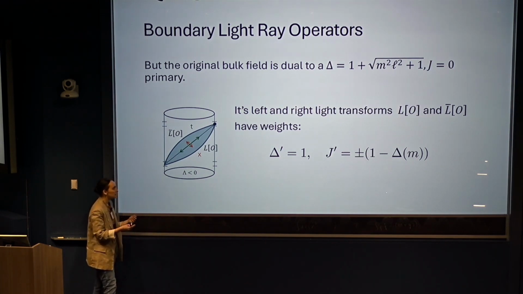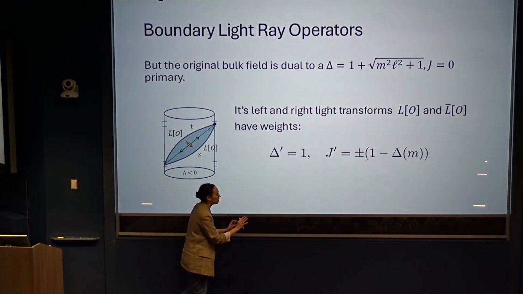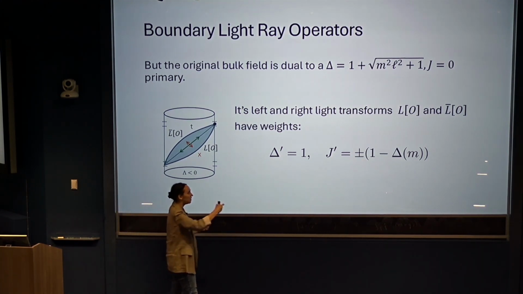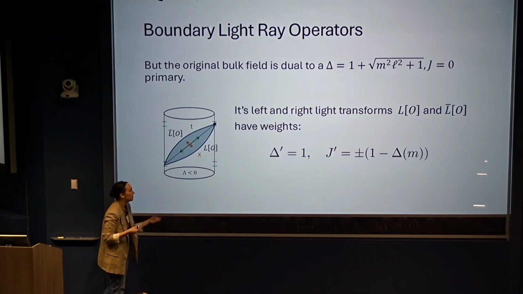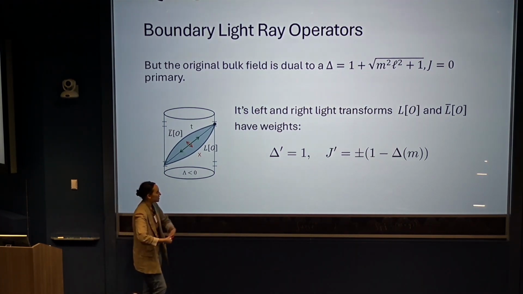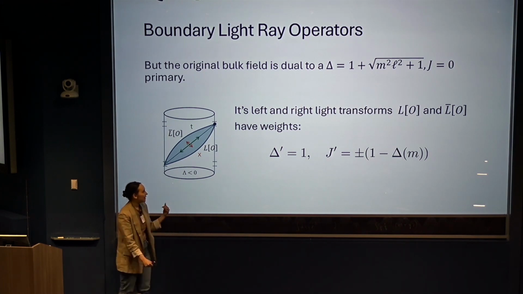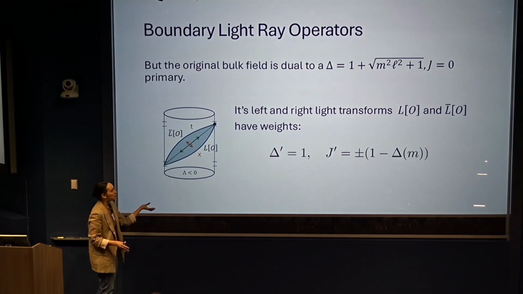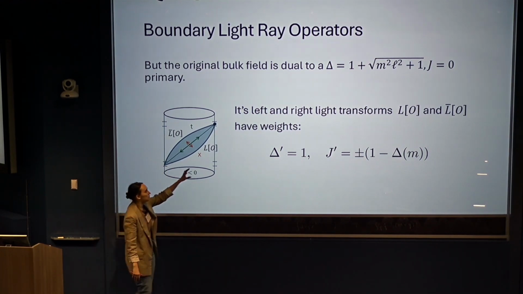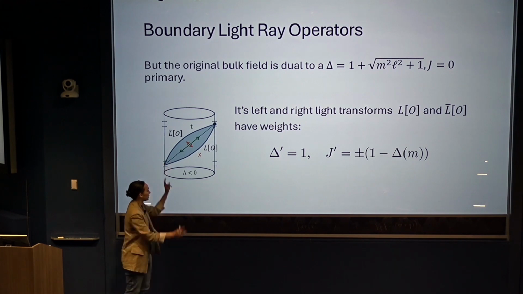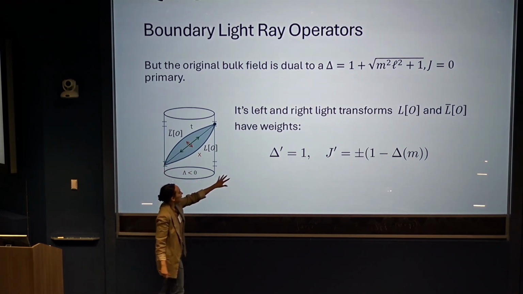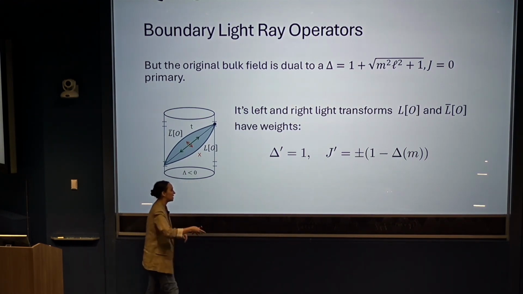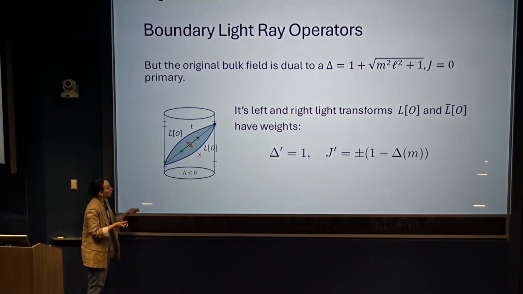So in particular, assuming I'm in a state built from just a single copy of that boundary dual operator to this bulk field, because I'm in a single particle subspace of my Hilbert space, and given some control or uniqueness of the various intertwiners, I would now expect a state built from this light ray operator and this light ray bar operator, the two different ways I could go around the sphere. And these have dimension 1 and spin plus or minus 1 minus the dimension as a function of the mass.